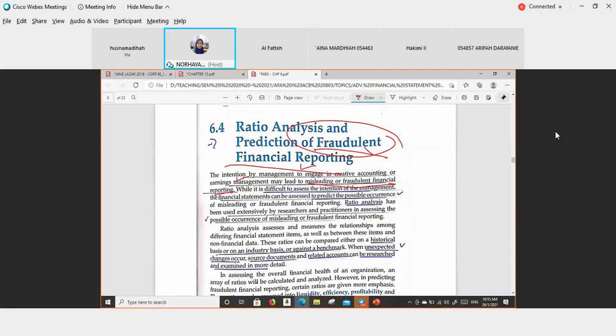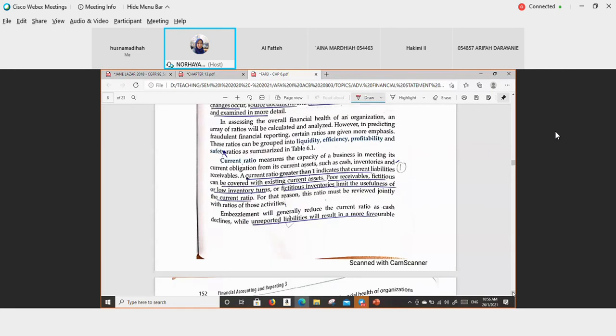Dia boleh menghala ke arah fraudulent. So saya kata kalau dia secara eksesif, dia buat dia manage the earning tu, dia boleh lead kepada penyelewengan kewangan syarikat macam tu. Okay, so ratio analysis can be used to predict. So dia boleh predict dia boleh ramalkan ada fraudulent reporting. For example, current ratio. Okay, current ratio, apa dia punya formula dia?